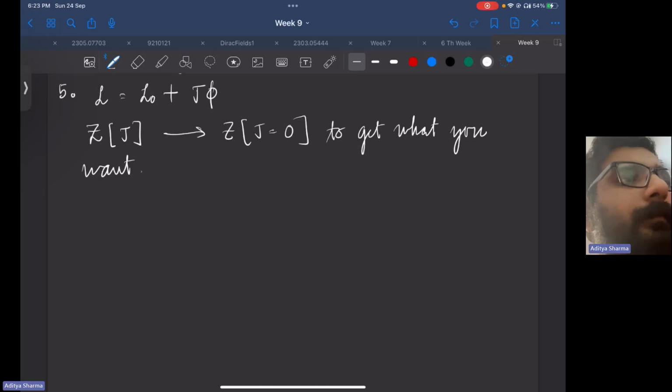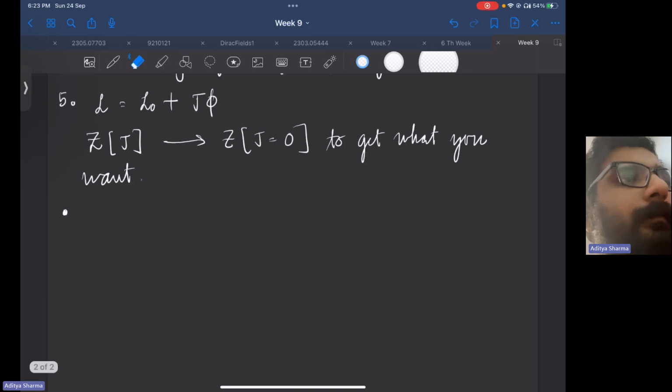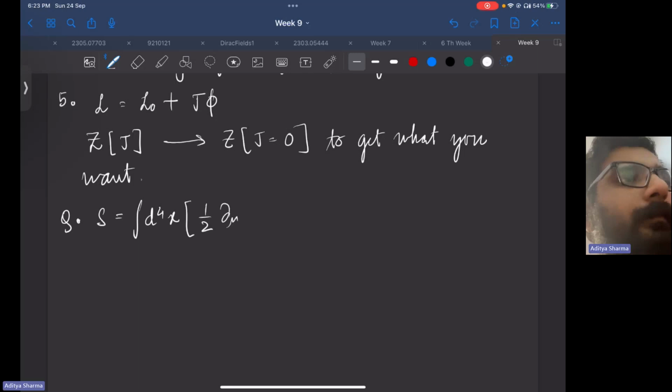So consider the action. This I had done in the case of quantum mechanics. Now the question is, you have the action for a free field. You have this action.